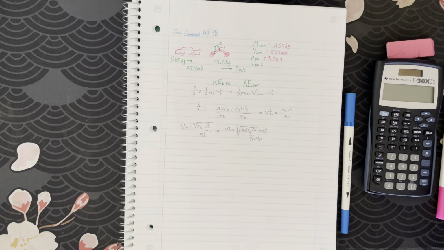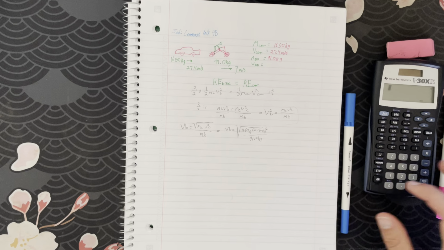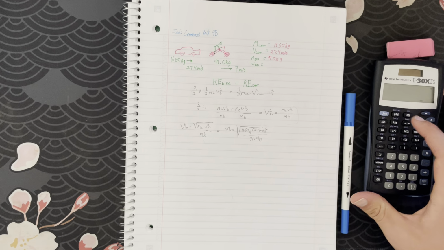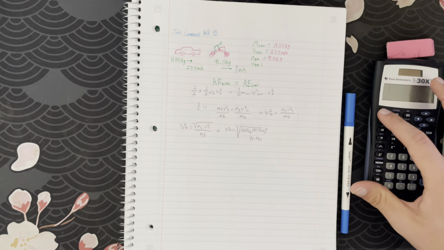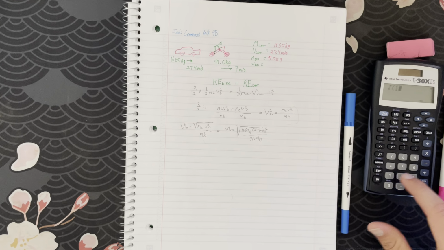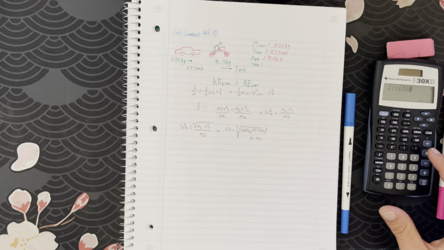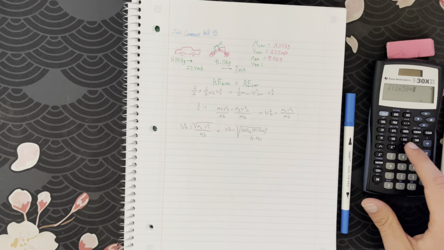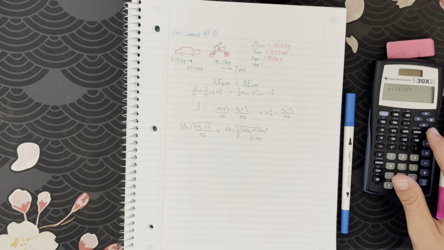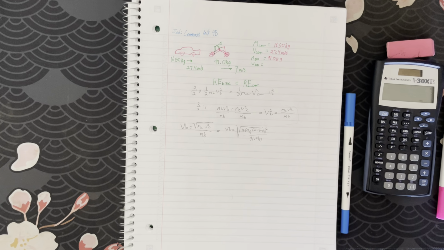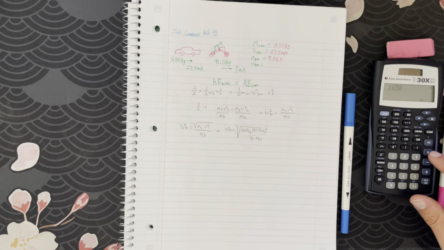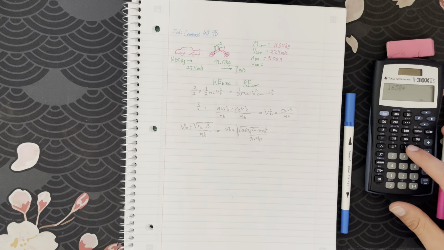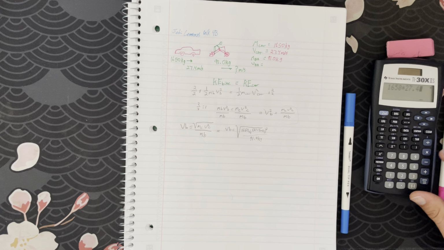Now we're going to do the math. We're going to do the square root of 1650 times, this is going to be weird. Okay, we're on my calculator, let's see if this will work. 1650 times 27.4 squared.